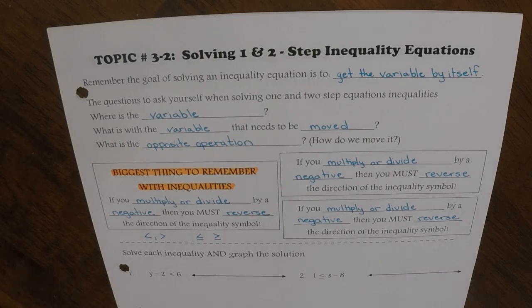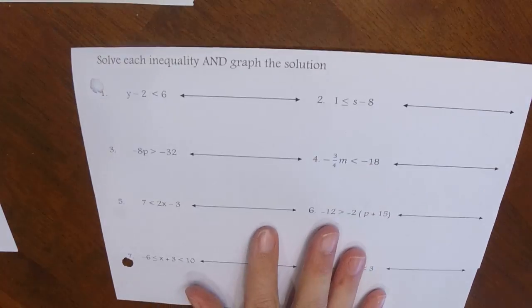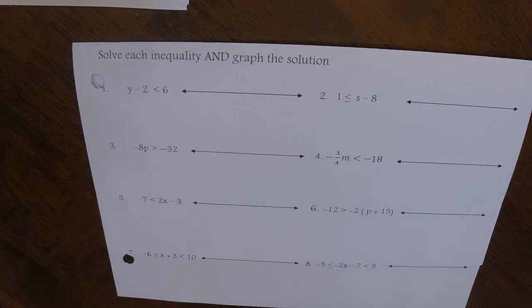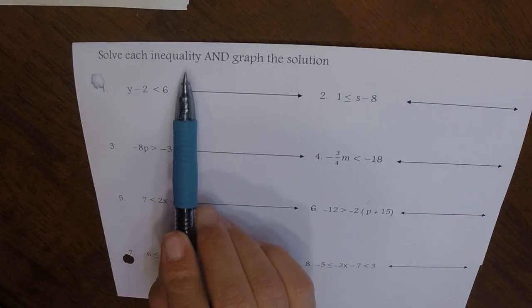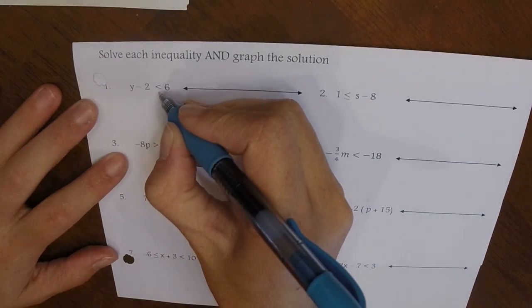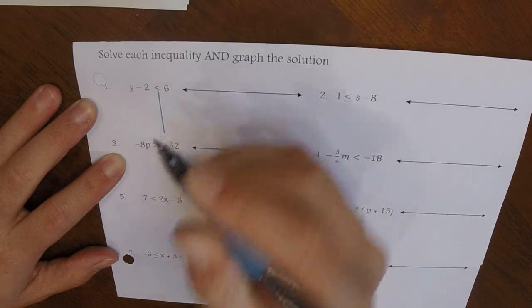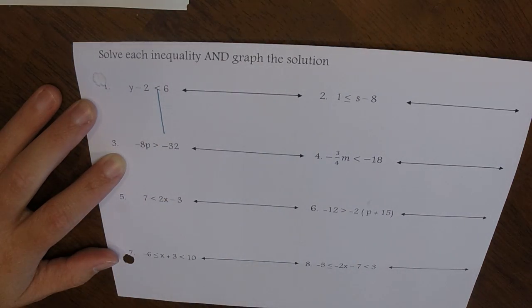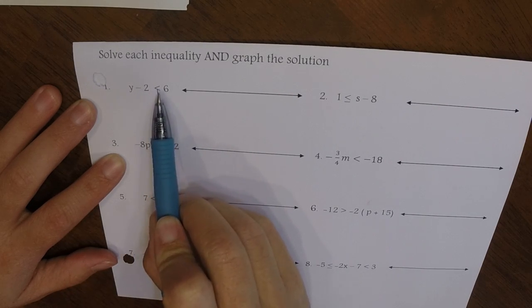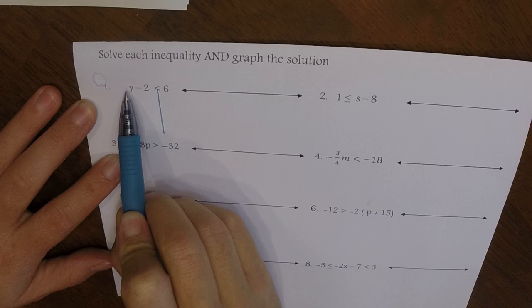So let's see what this looks like. Let's go ahead and fold our paper, and we'll start working on the bottom here. The directions say solve each inequality and graph the solution. So you can still draw the line, but instead of representing an equal sign, it's going to represent whatever symbol is already there. In this case, it's a less than symbol. Then where's the variable? Here it is.